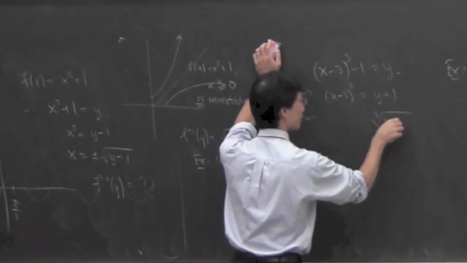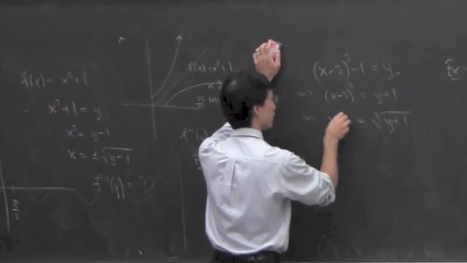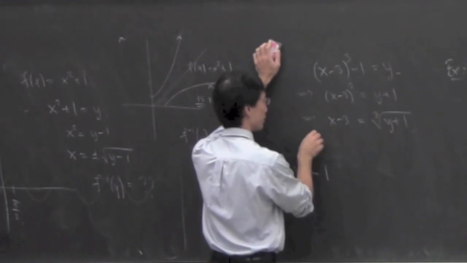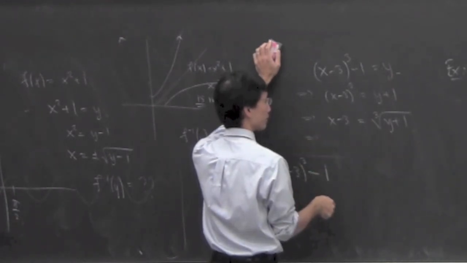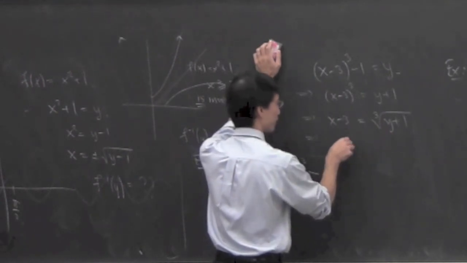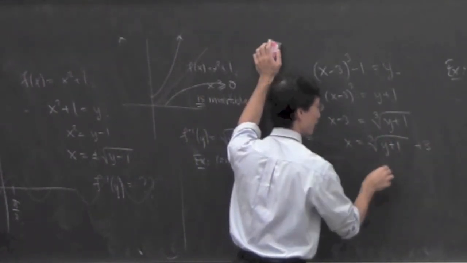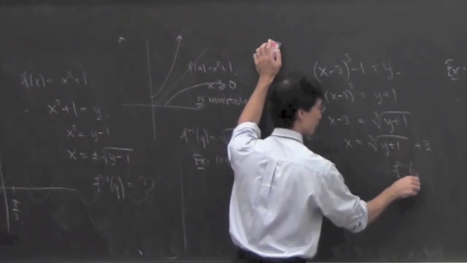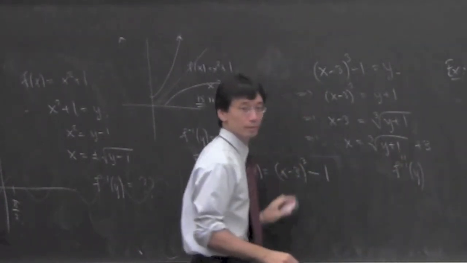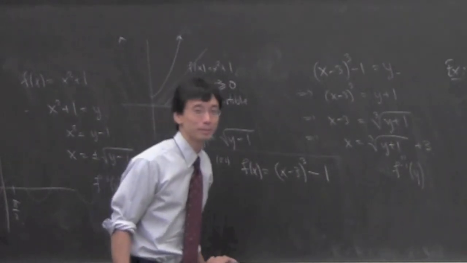Cube root. And then you add 3. And that means the inverse function. Good. That was the one.